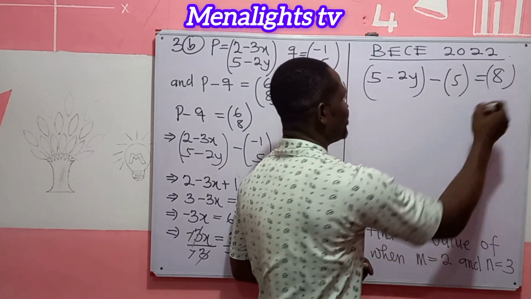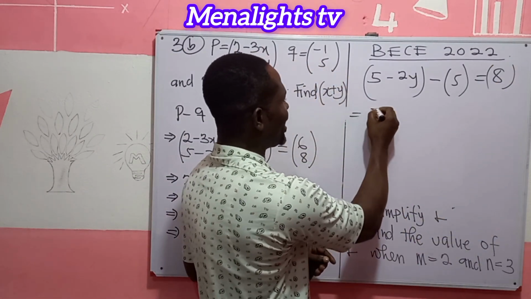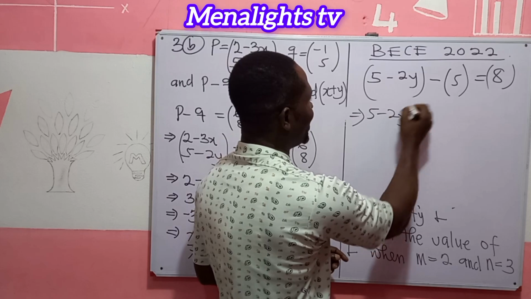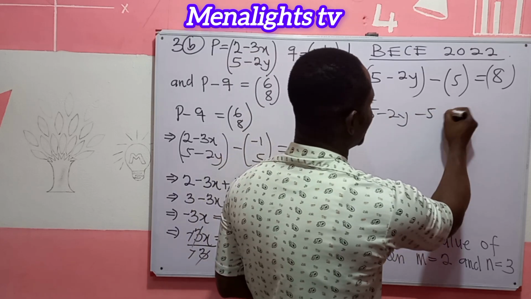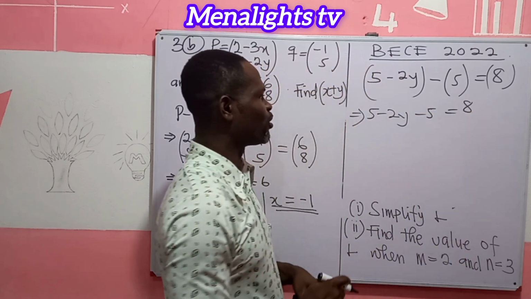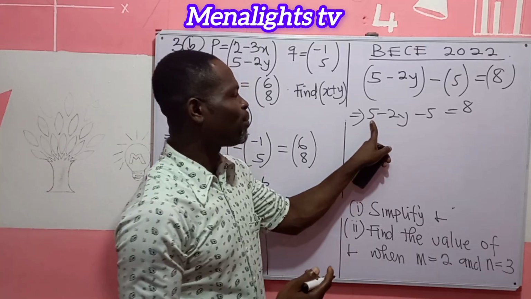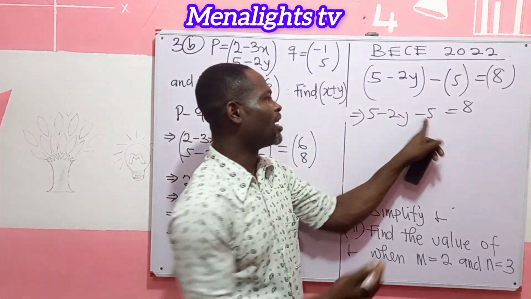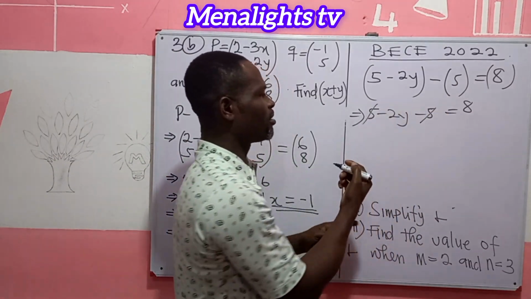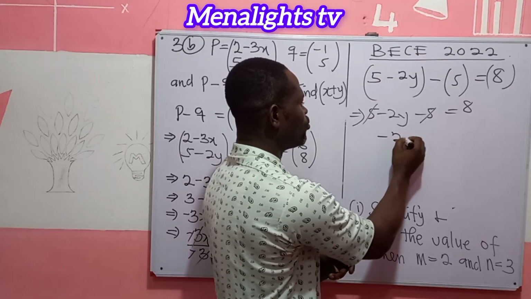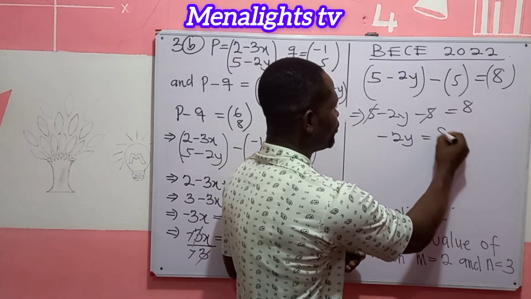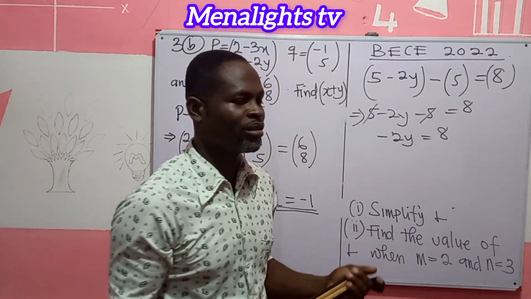So we put this one in the bracket. So this is 5 minus 2y minus 5, which is equal to 8 as well. So here, positive 5 and negative 5, these two cross out. Then here we are left with minus 2y, which is equal to 8.